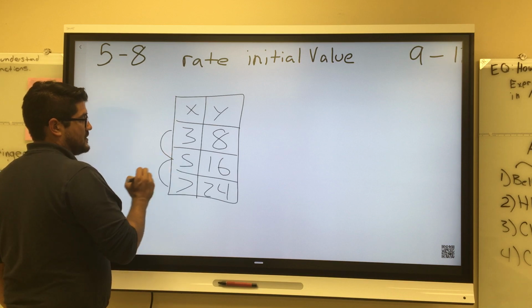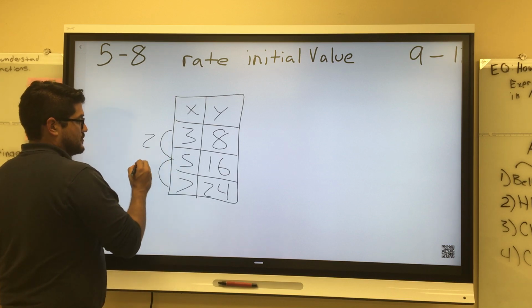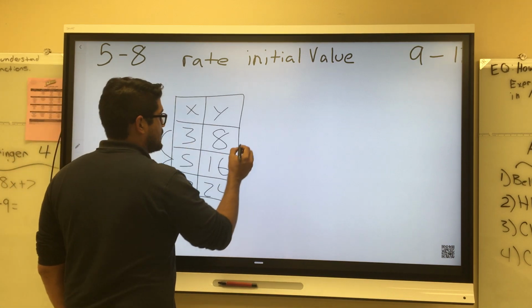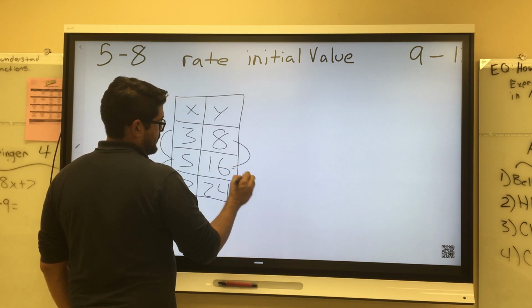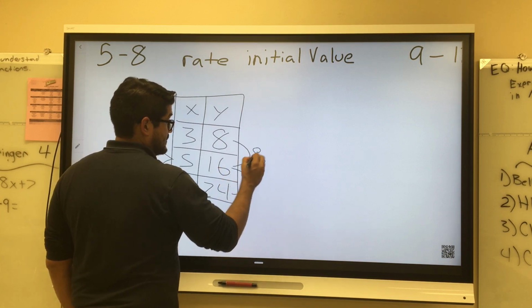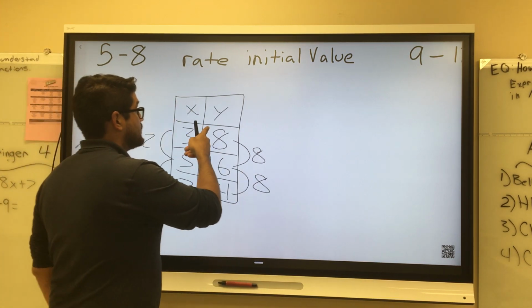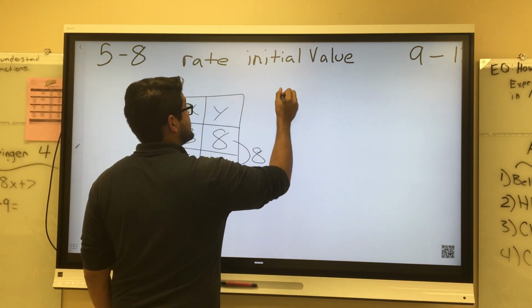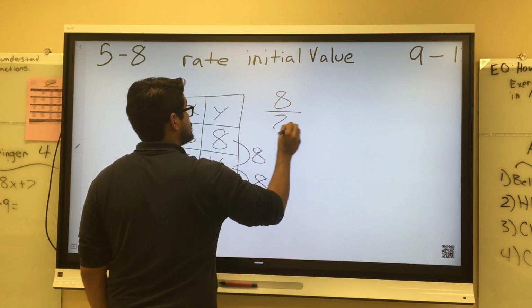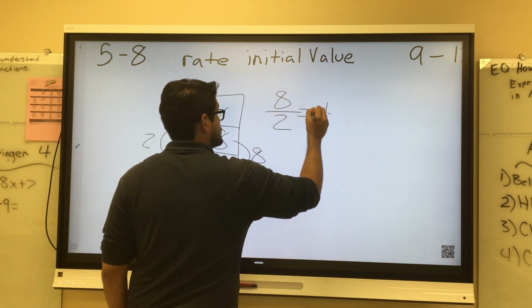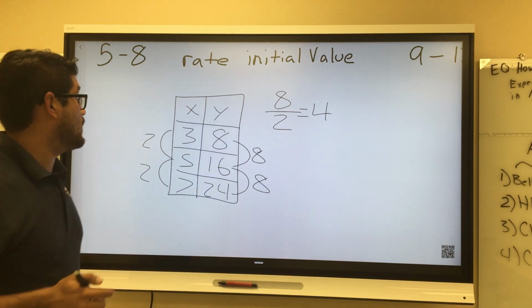How is 5 turning into 7? So this is going up by 2's. Okay? And this here is going up by 8's. Okay? So Y is on the top. So this rate is 8 over 2, which really equals 4.